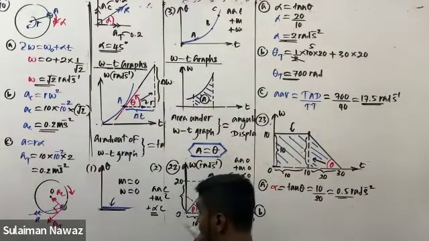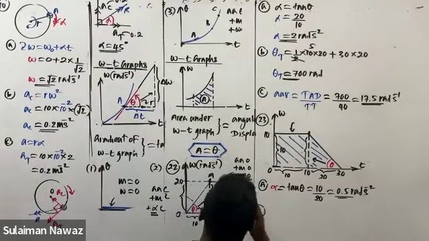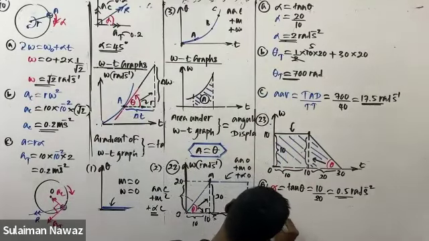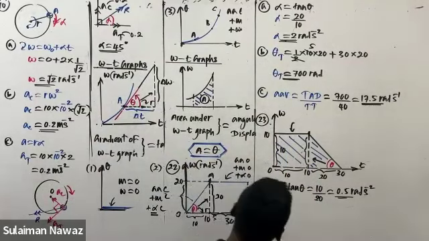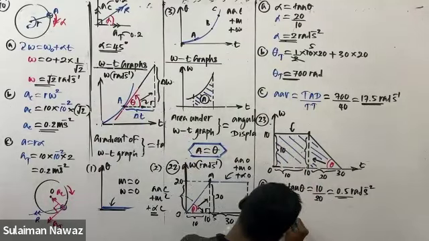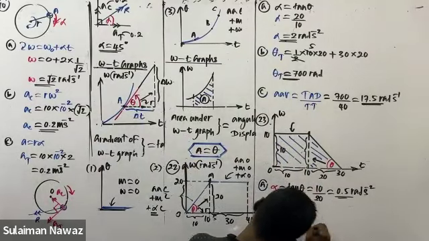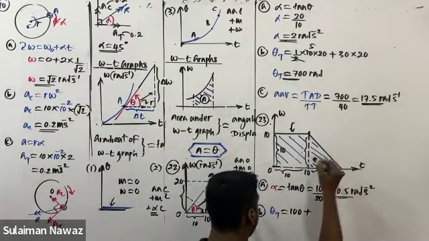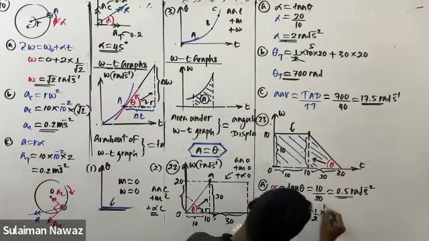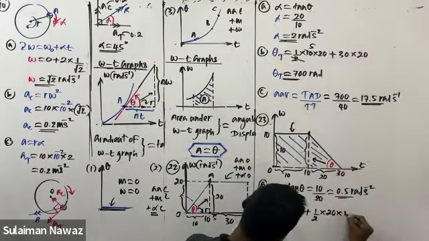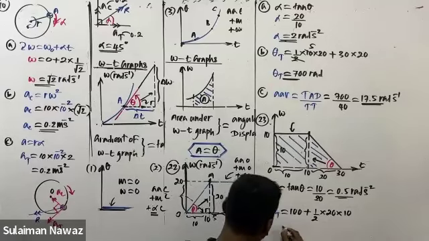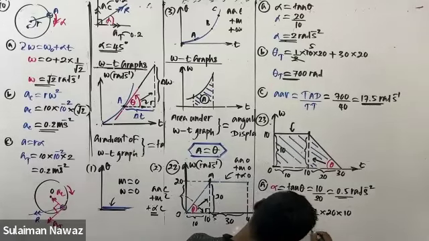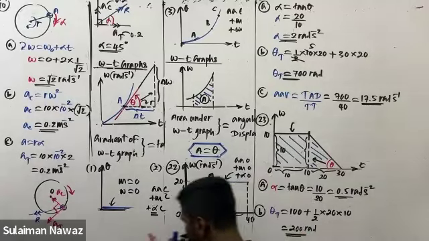Then theta total means 10 into 10 means 100, plus this area, half, base 20, height 10, that is also 100. 100 plus 100 is 200 rad. Are these difficult? These are not difficult stories.